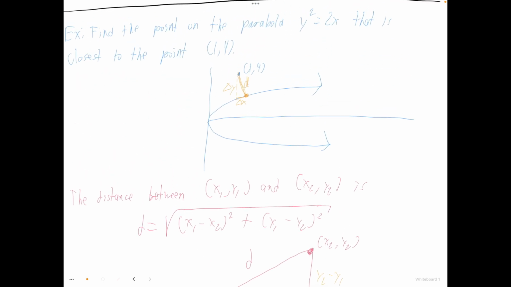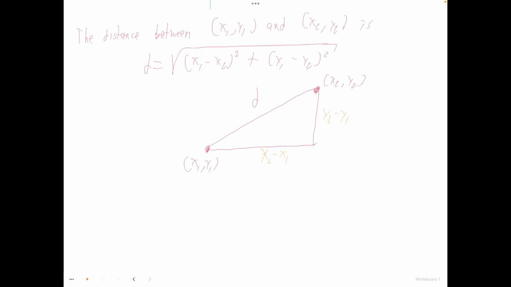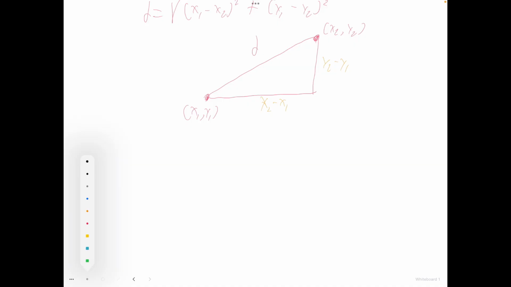So now we want to find the distance between the point (1, 4) and a point on the parabola. Well, every point on the parabola has the form y squared equals 2x.